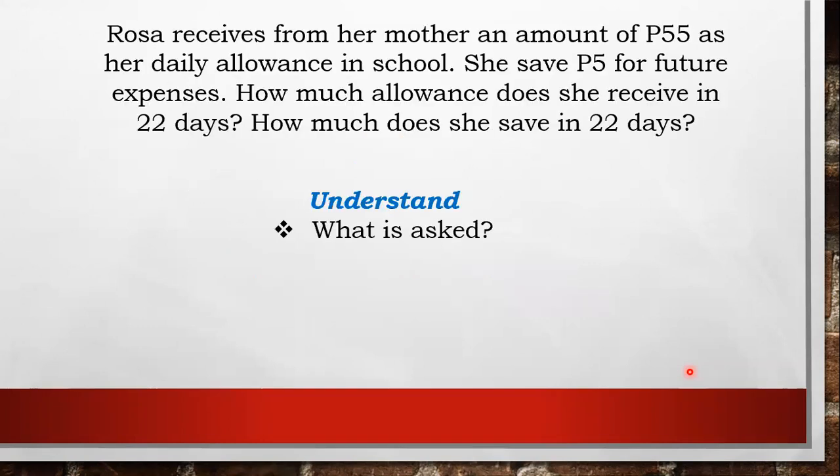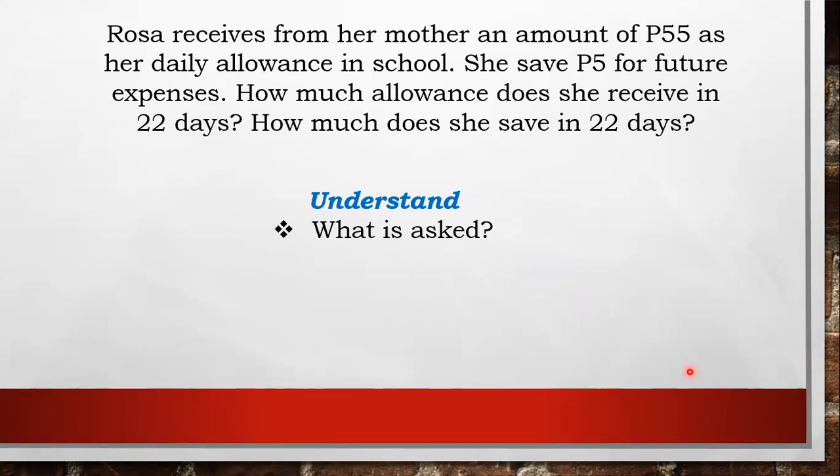Now, let us go back to the problem and use the different steps in problem solving. So let me read the problem again to you. Rosa received from her mother an amount of 55 pesos as her daily allowance in school. She saved 5 pesos for future expenses.